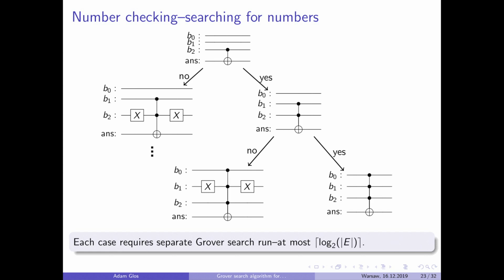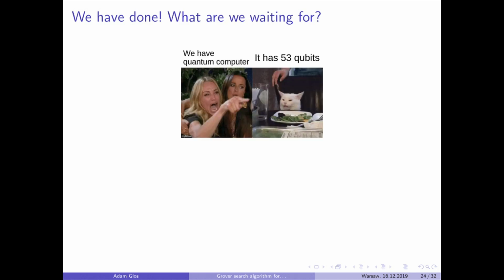So the thing is, what are we waiting for? We have a quantum computer, we have a quantum algorithm, we can run it. This is not that simple. Why? Because the biggest current quantum computer has only 53 qubits, which is too small. There are obviously other issues: all quantum circuits need to be fitted to a special topology.